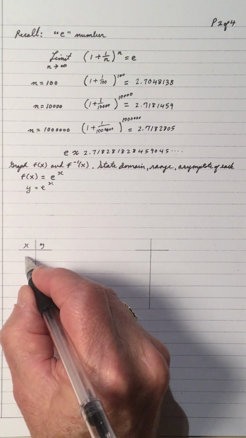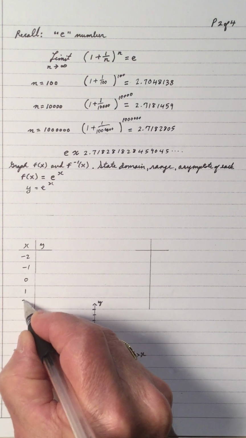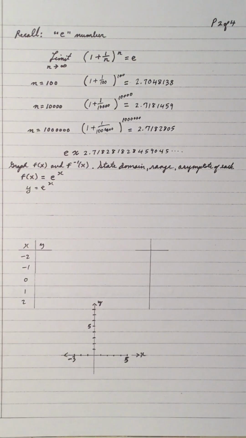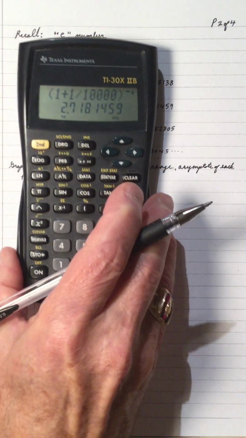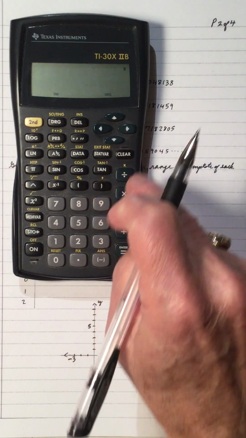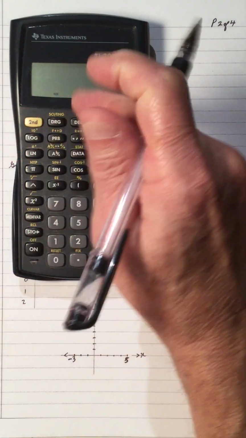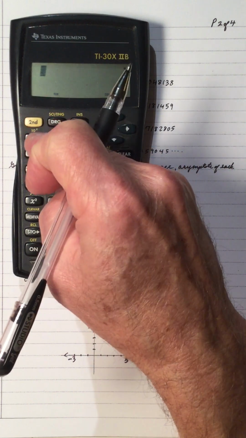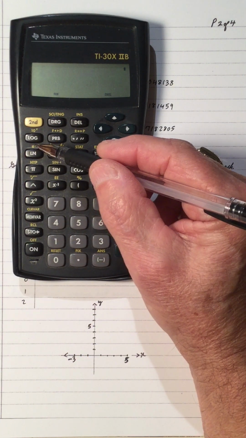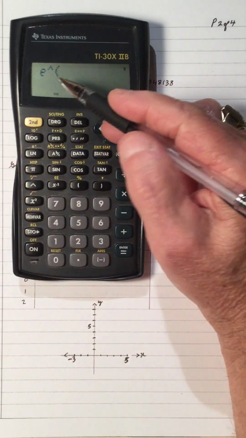If we put x to be negative 2, then negative 1, 0, 1, and 2, what we have is e to the negative 2. I'm going to use my calculator and punch in e. The e to the x is in yellow, so I hit the yellow button first, and that gives me the e.